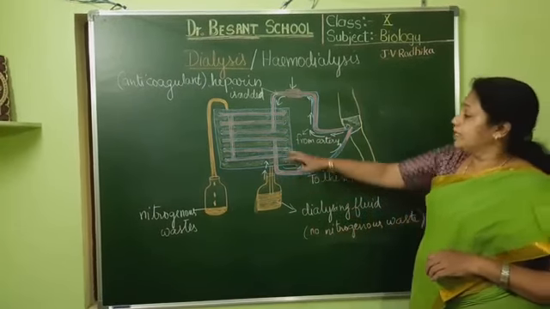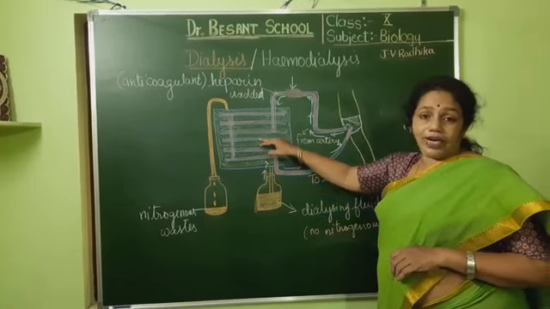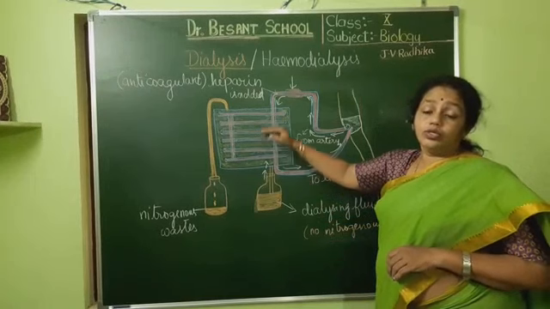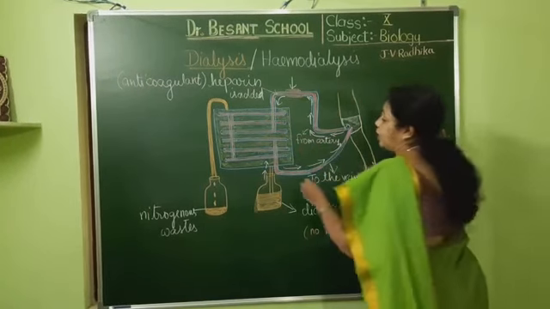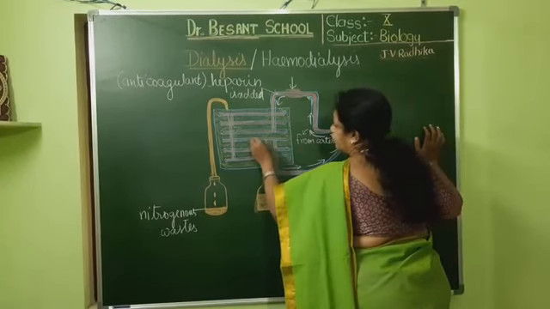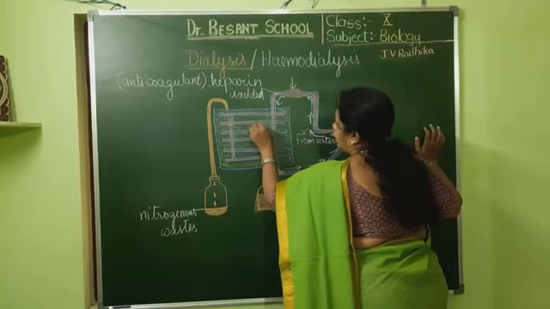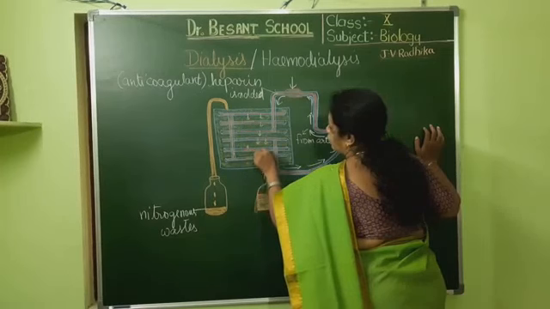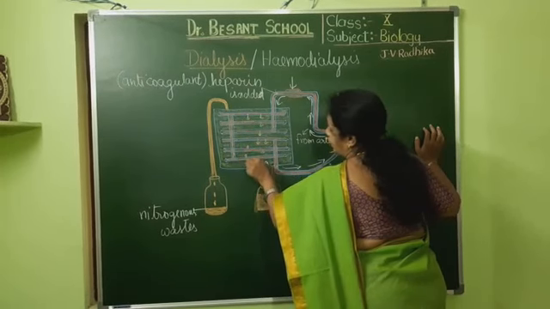Then what happens? The blood contains lots of nitrogenous waste which is not there in the dialyzing fluid. So this nitrogenous waste will move outside into the dialyzer. It will move from all the sides into the dialyzer.